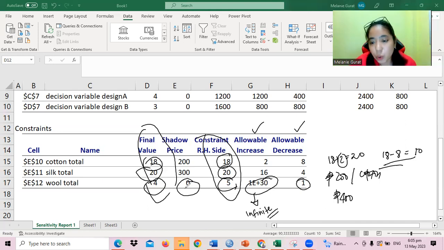But again, if we go beyond that, this shadow price will not apply anymore. As mentioned, the shadow price indicates the change for each increase or decrease that we make for cotton, silk, or wool.